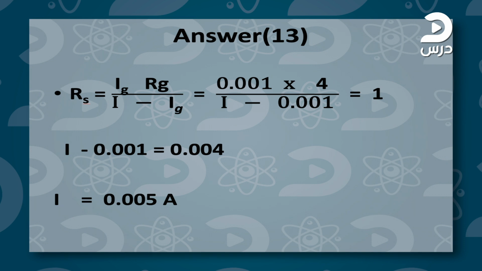The current: IG is 0.001 multiplied by 4 divided by (I minus 0.001) equals 1.